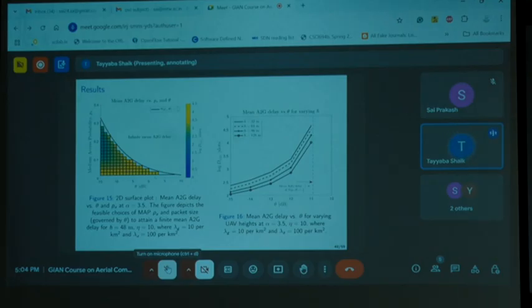Why? If lambda G is more, the interference from the ground is more on the G2A link. So this suggests that you cannot arbitrarily choose any values of theta, PA, lambda G, and lambda A. There needs to be a careful selection of all these parameters. And this careful selection is given by this mathematical model, this way of deriving conditions on the finite mean delay.